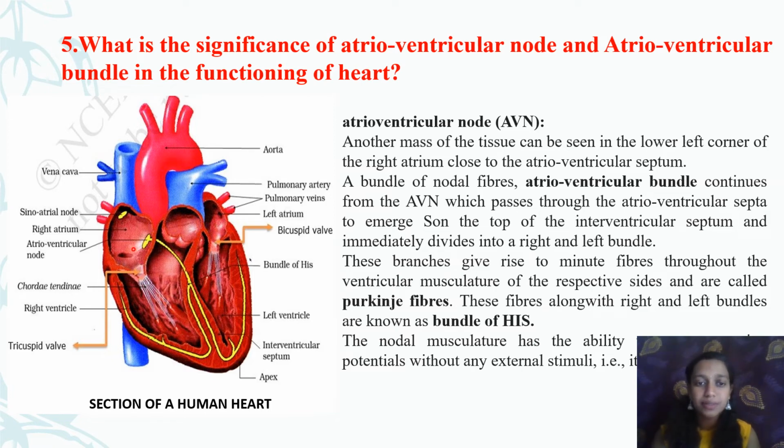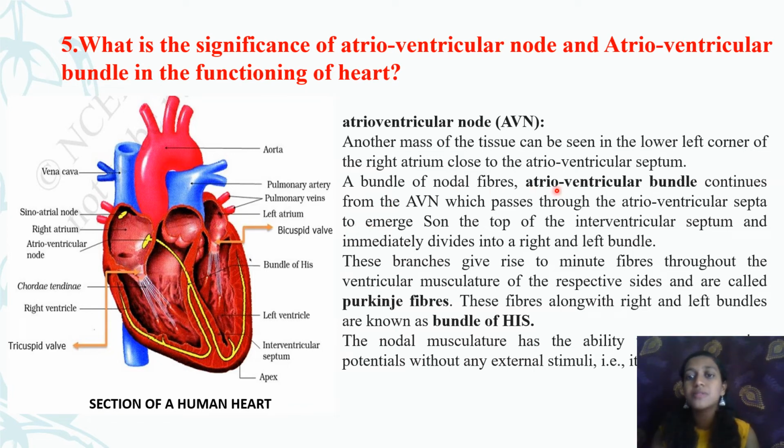Close to this we could see another patch of tissue, like the sinoatrial node, and it continues, then it reaches the interventricular septum. Okay, these are the ventricles. As soon as it reaches here, it divides into the left bundle and right bundle.